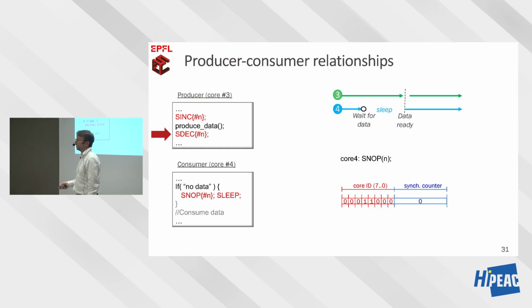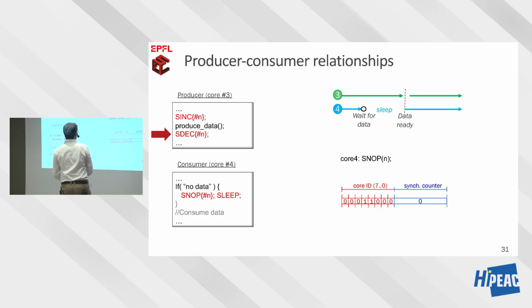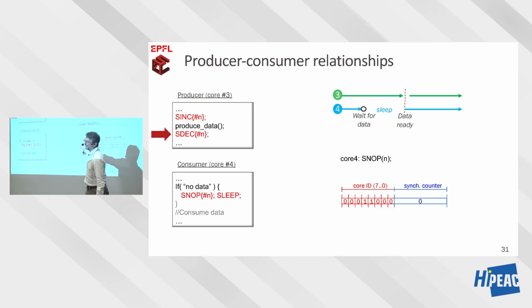So we need a special instruction which manipulates locations in memory in the way I explained, and this is some hardware support which needs to be provided, but then an application can be whatever, as long as you have no more than 8 cores, because we are just using 8 bits to implement that. You can think about different variants which scale to more cores than that.